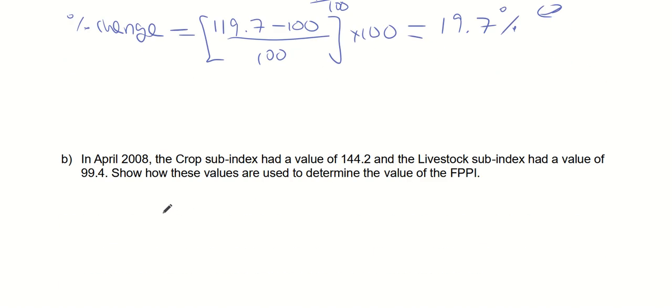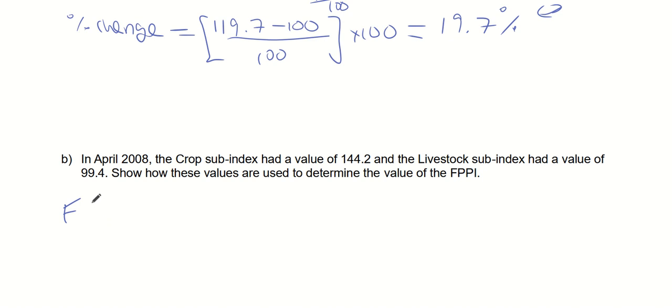Okay, next problem. It says here that in 2008, the crop index had a value of 144.2, and the livestock index had a value of 94. Show how these values are used to determine the value of the FPPI. Okay, so to solve that problem, it's the same thing. It's like a weighted problem. So you're gonna get new values based on what the increases are.